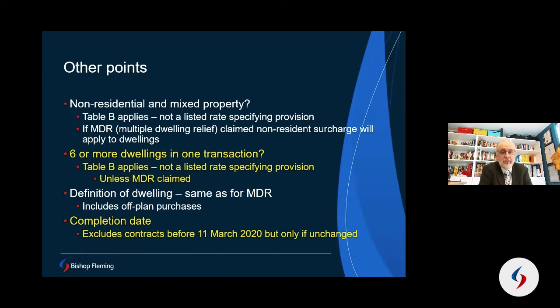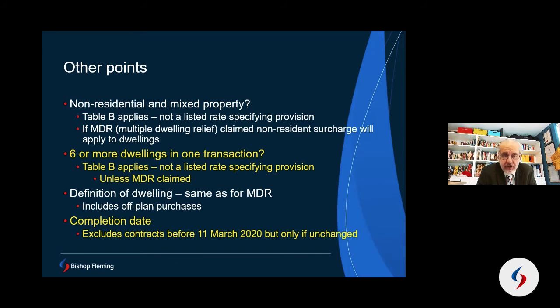The definition of dwelling for the purpose of this surcharge is exactly the same as for multiple dwellings relief. It includes off-plan purchases. And the whole thing is fixed on completion date or substantial performance date if earlier, and we have a transitional rule.